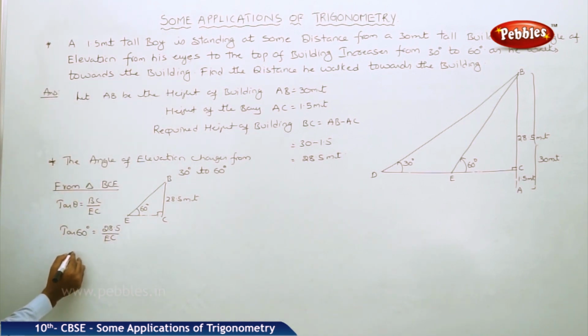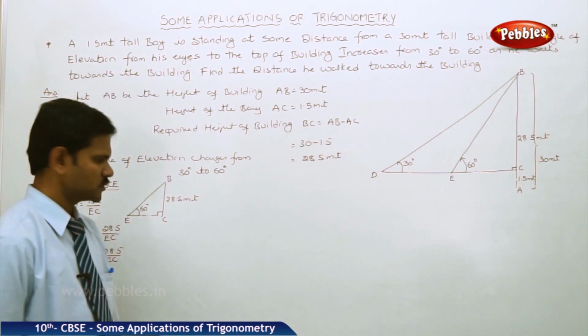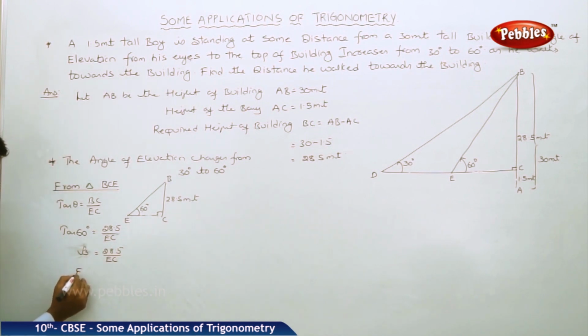Now tan 60 is root 3, equal to 28.5 by EC. Therefore EC is equal to 28.5 by root 3, equation 1.